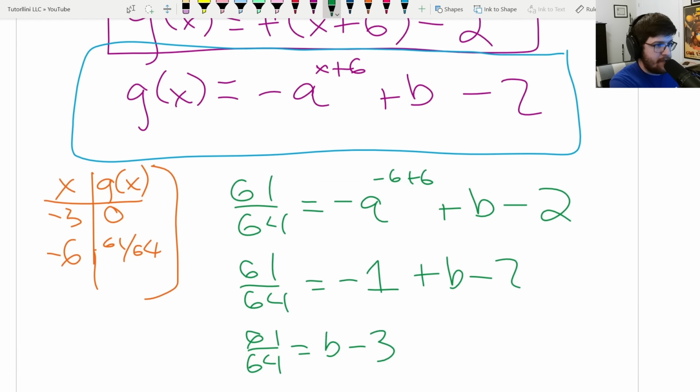And now I'm going to add 3 to both sides. And I'll just do that on a calculator. What's 61 over 64 plus 3? That is 253 over 64.